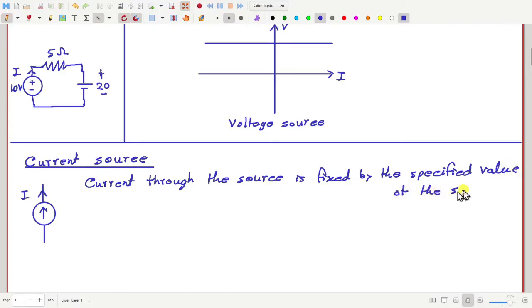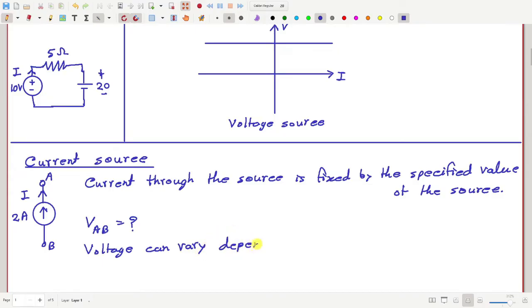Okay. Suppose I say that this is a 2 ampere source, then I will always be 2 ampere. But if these terminals are A and B, how much is the voltage VAB? The voltage can vary depending on what is connected across the source. Depending on what is connected to the source.